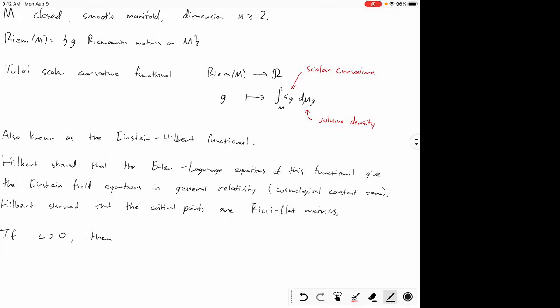We can look at how the scalar curvature changes. This is a computation you can do, hopefully only once, and then you remember it. If you scale the metric by a factor of c, you scale the scalar curvature by 1 over c.